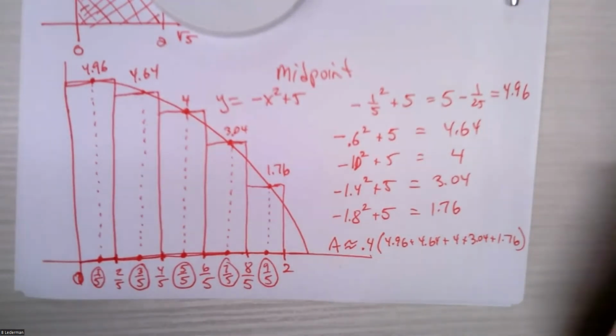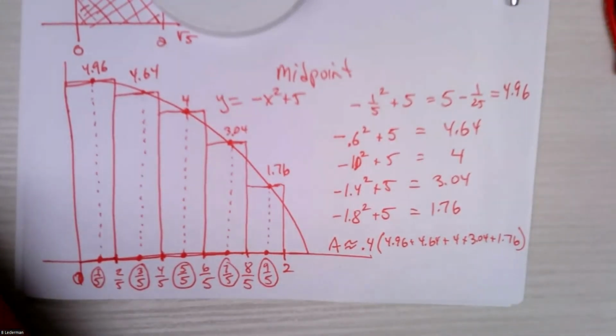Let's crunch that out right now with my handy dandy calculator. 4.96 plus 4.64 plus 4 plus 3.04 plus 1.76.